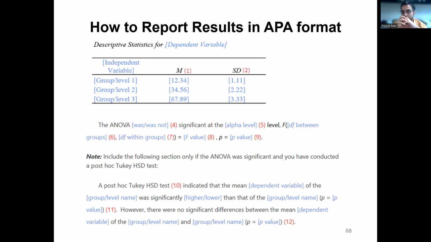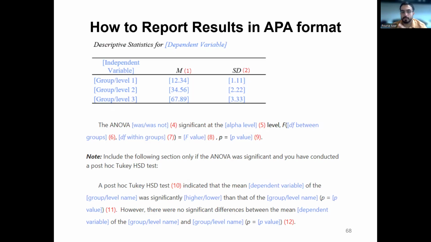And we can have a descriptive statistics table just like this. You will have group 1, group 2, group 3, and the mean and standard deviation for each group. We can say the ANOVA was or was not significant at the alpha level.